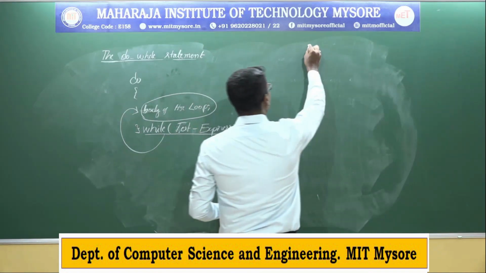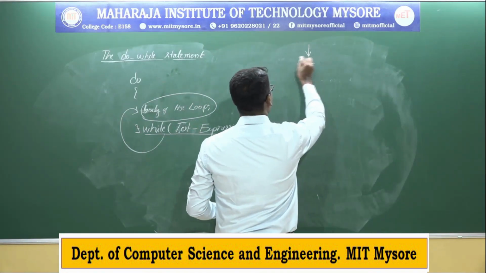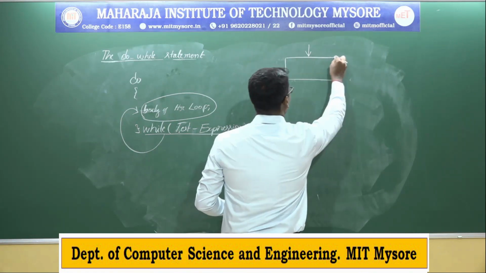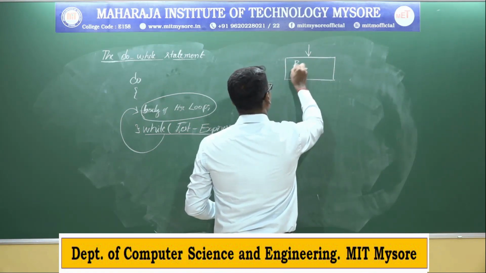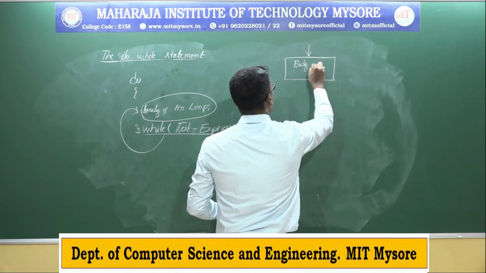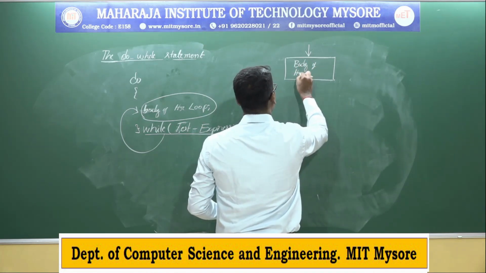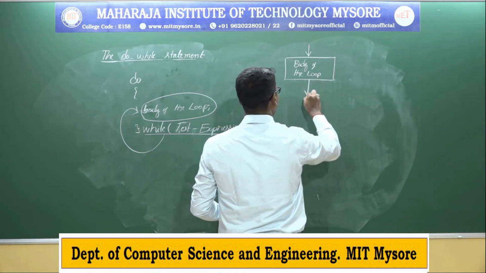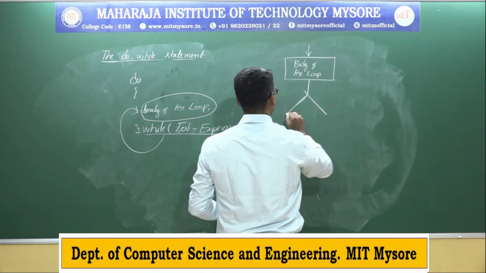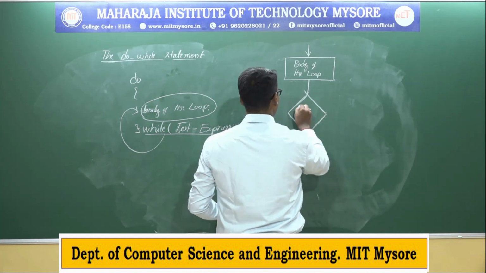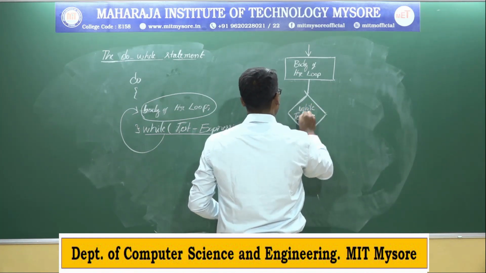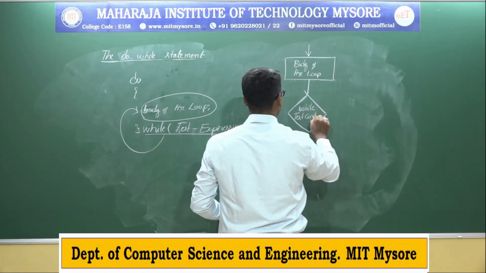Okay. The flow diagram of do while statement is: body of the loop, then while test condition.